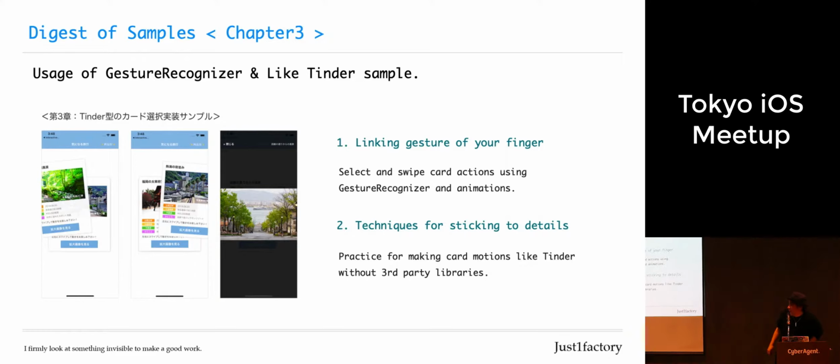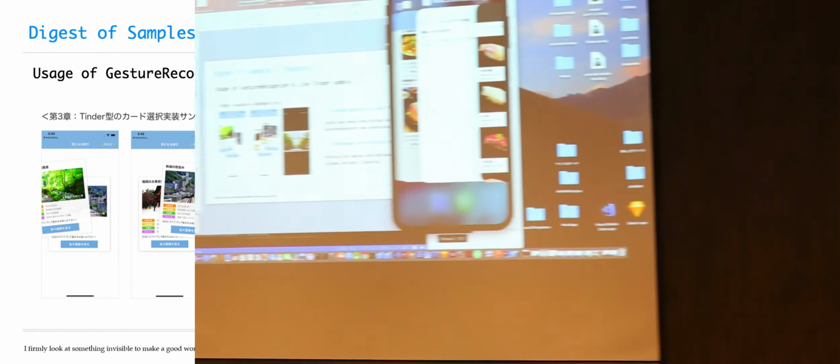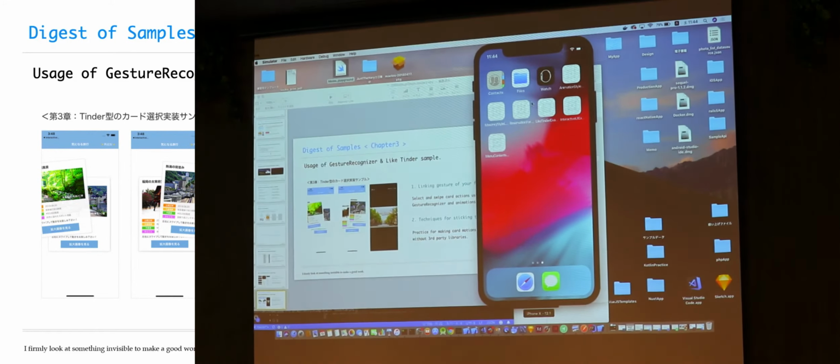Chapter 3. This is the popular Tinder UI. Point 2. This animation is here. Wait a minute, please.